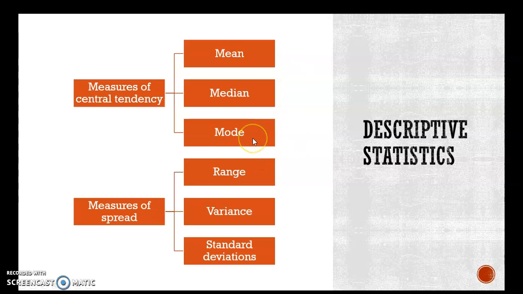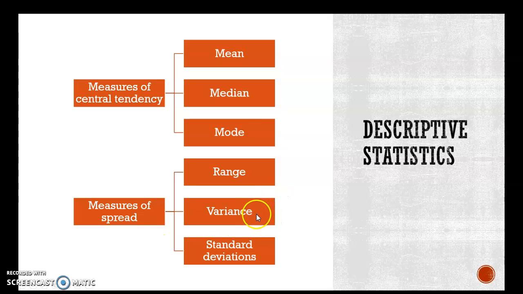And the mode is the most frequently occurring value in the data. So this tells, for the distribution curve, how close your data is to the middle of the curve.